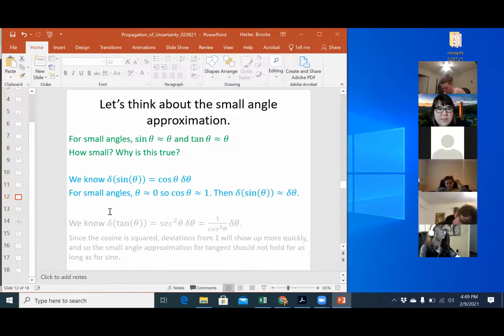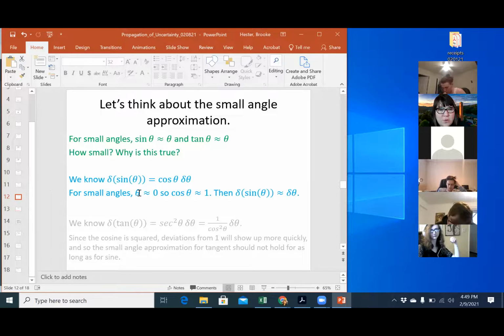So let's think about uncertainty in sine of theta. Maybe we can use this small angle approximation to help us with our uncertainties, make them simpler. The uncertainty in the sine of theta is cosine of theta times delta theta.